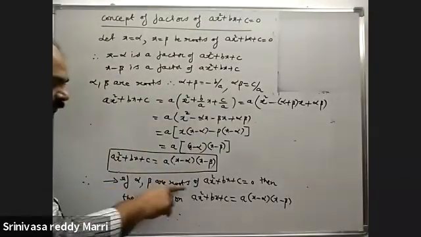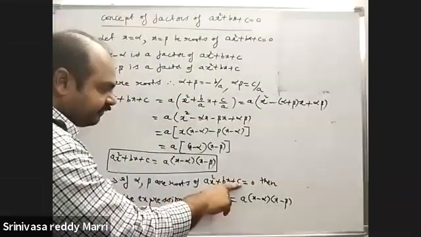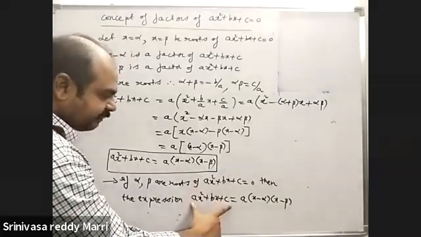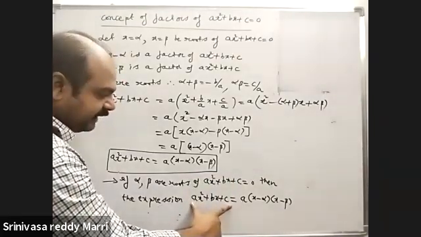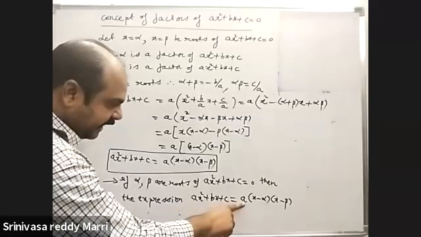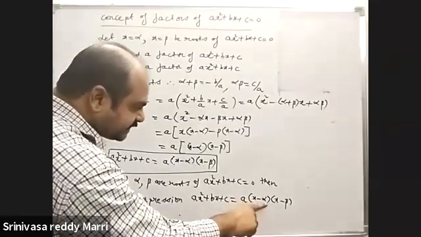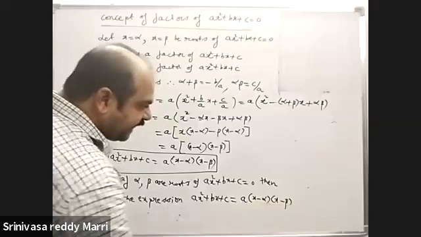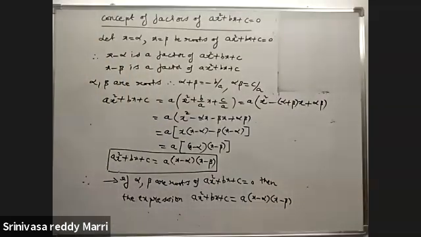Here a means the coefficient of x square. So ax square plus bx plus c can be written as a into one factor x minus alpha and another factor x minus beta.